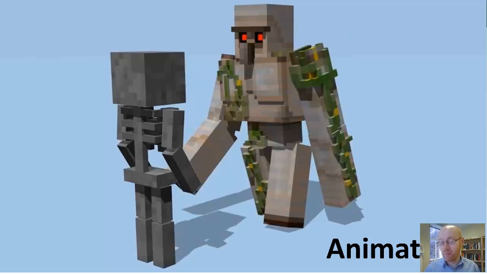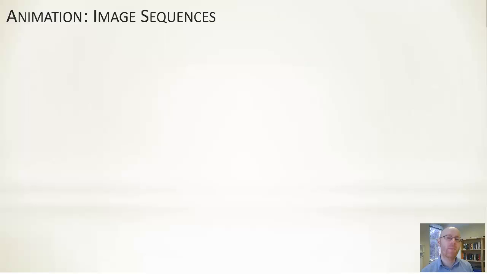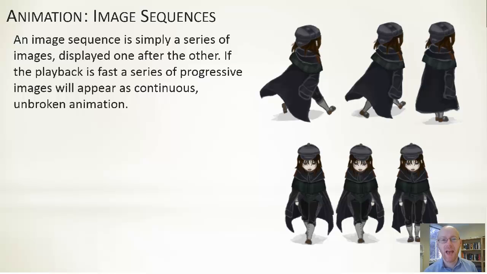We can do something similar within 2D games, but the other option we have within 2D games, which also applies to 3D games as well, is the idea of taking a sequence of images and playing back that sequence of images over time at sufficient frequency that they are perceived by the viewer as a continuous animation, an animated sequence. So that's where we're going to have a look at how we can accomplish this within a simple implementation. So image sequences.